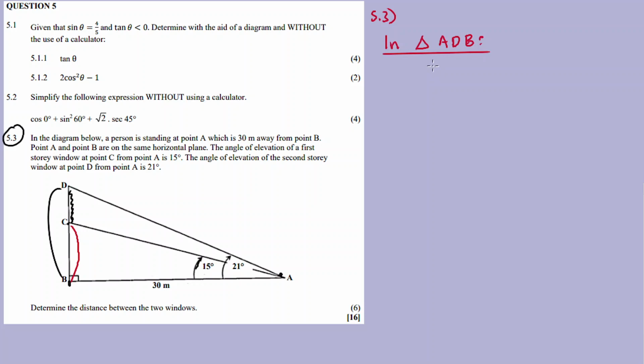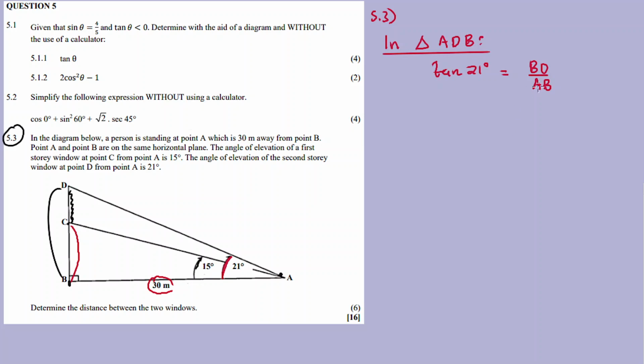Because tan 21 degrees, which is the angle for the big triangle, 21 degrees at angle A for this huge triangle. Tan 21 degrees is equal to opposite over adjacent. The opposite side is BD. The adjacent side is AB, right? I have to use the tan trig ratio because I am given the adjacent side, and the opposite side is unknown. Remember?